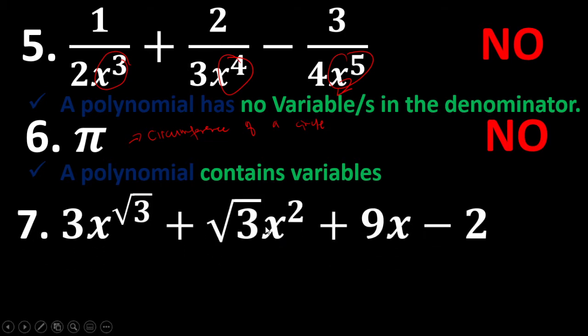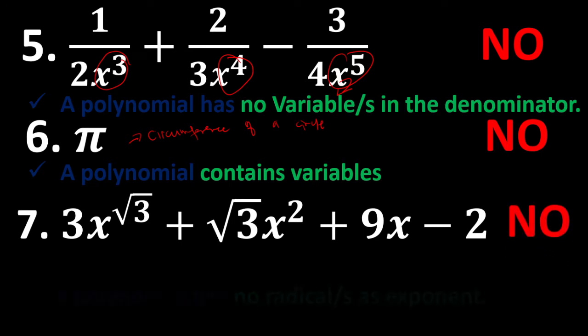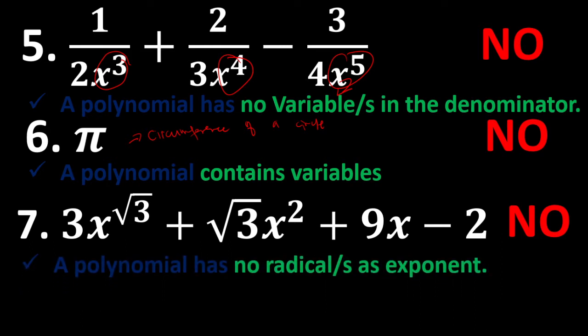Number 7, 3x raised to square root of 3 plus square root of 3x squared plus 9x minus 2. The answer here is no. Why? The given expression number 7 is not a polynomial because a polynomial has no radical or radicals as exponent.